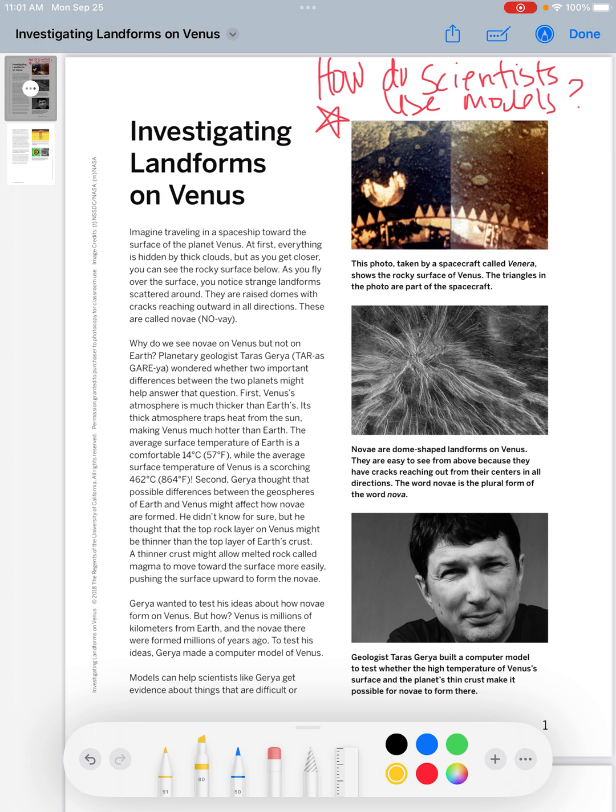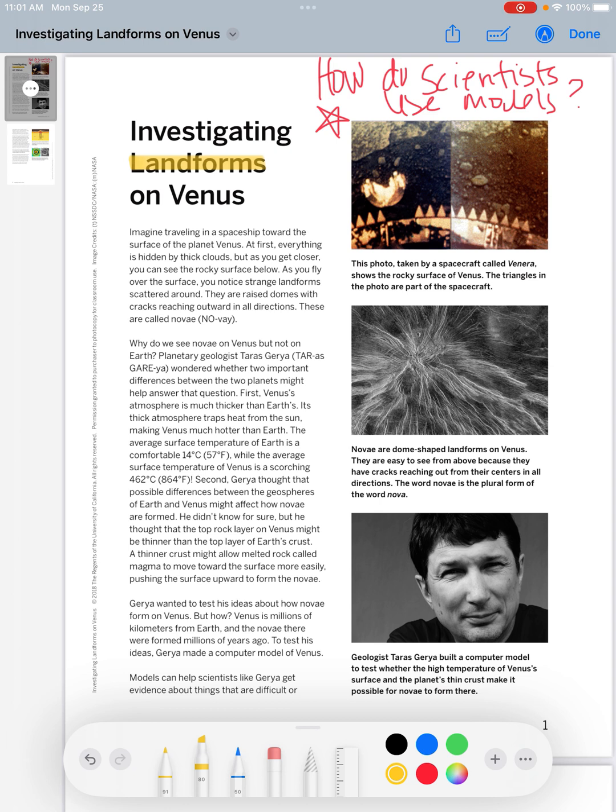So when we first look at the title of this article, it says Investigating Landforms on Venus. I can see that I have the word landforms right here. That's one of our vocab words. A landform is a feature on the geosphere of a rocky planet. So I know I'm going to be looking at some kind of a structure or a feature on Venus.